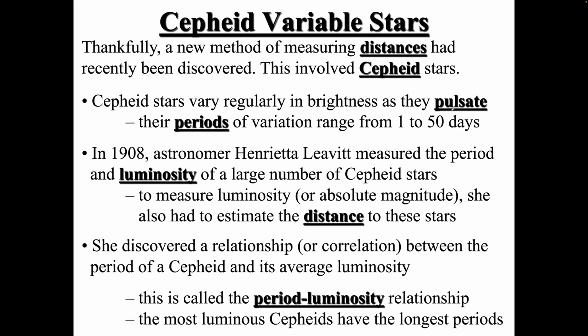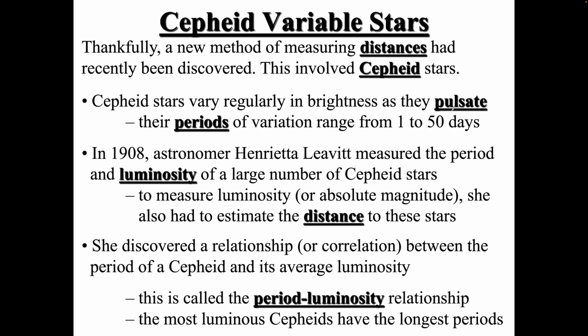In 1908, a lady astronomer called Henrietta Leavitt measured the period and the luminosity of a large number of Cepheid stars. So she did a survey. She tried to detect all these Cepheid stars and then measured the period and the luminosity of each star, for a large number of stars.